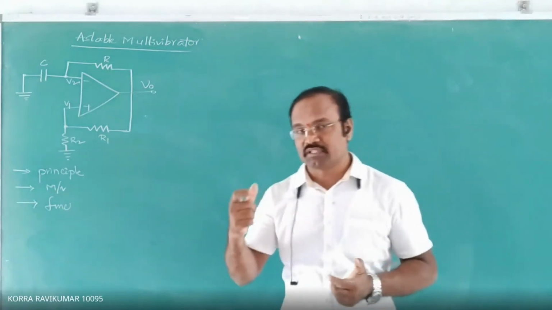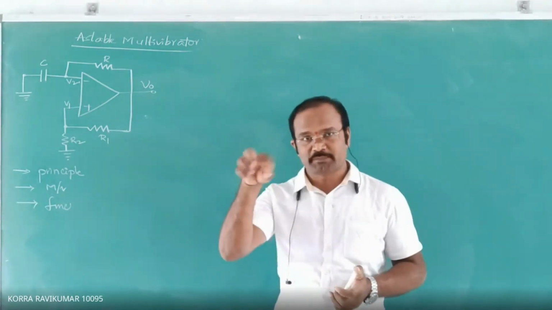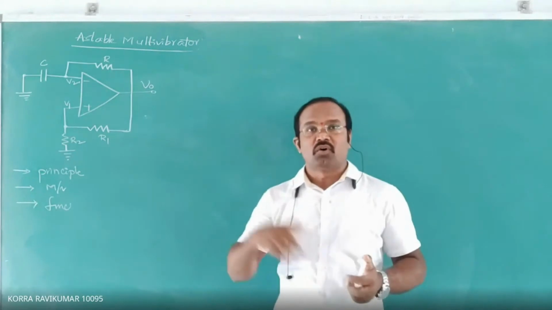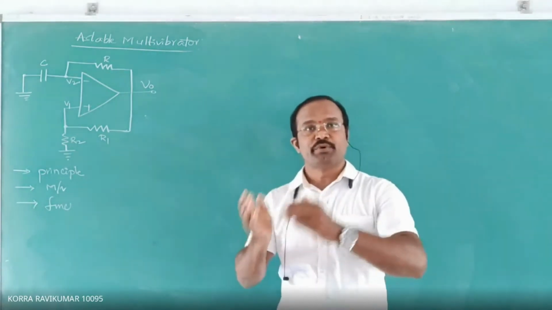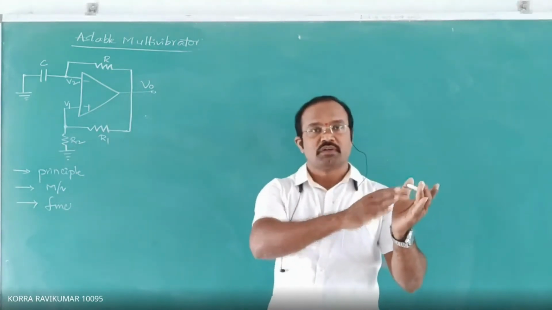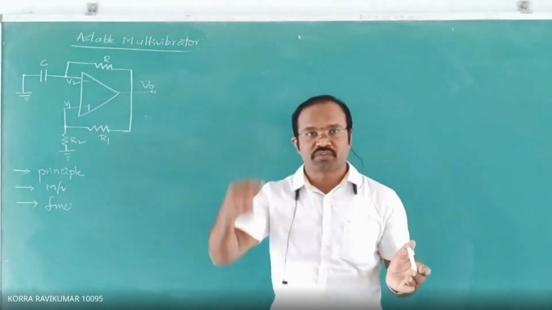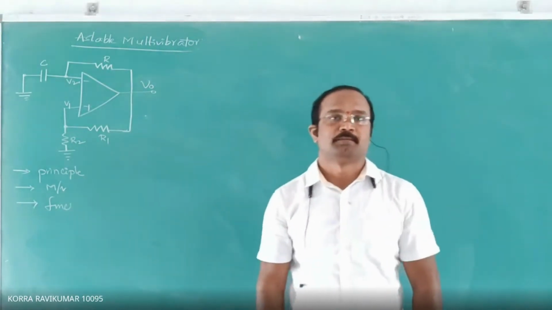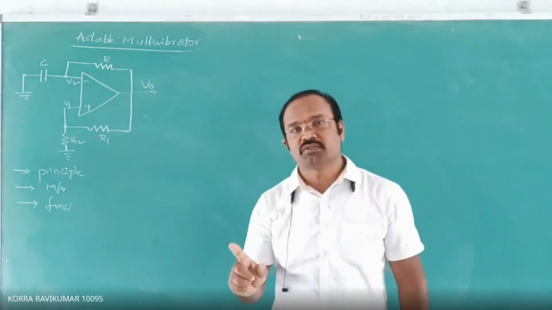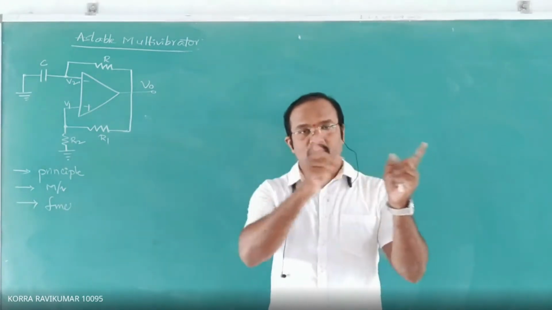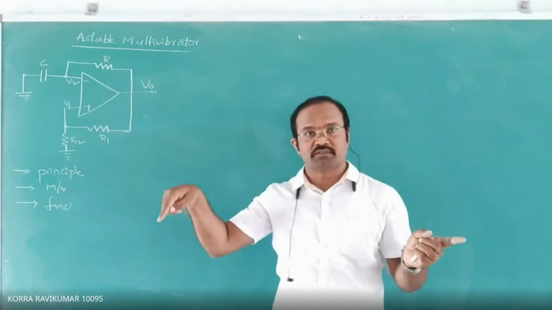First, what is meant by an oscillator? An oscillator is an electronic circuit which produces the output waveform without applying any input signal, by making use of an external power supply.